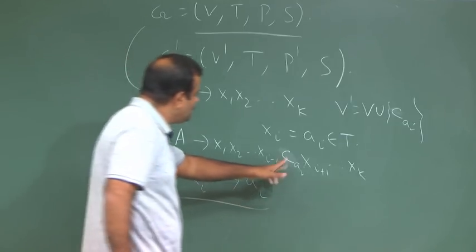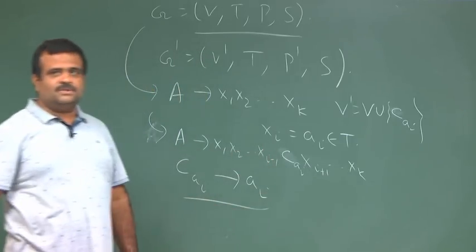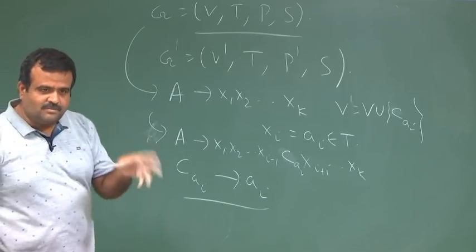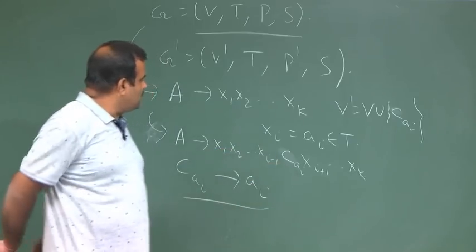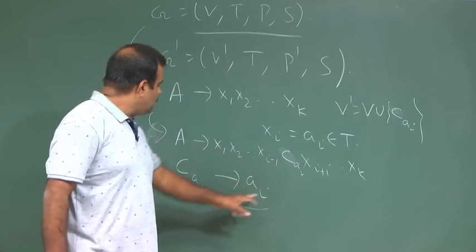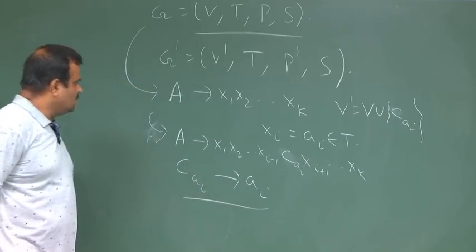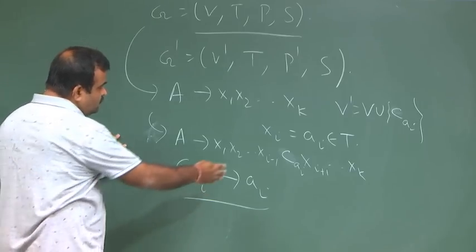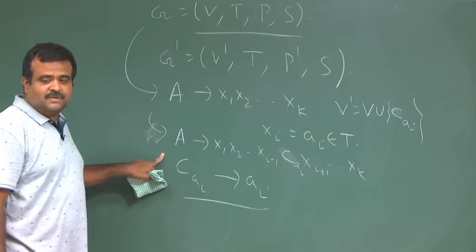In CNF we should not have a combination of terminals and variables. That is why, if there is a terminal, we have to replace it by a variable, and that variable will go to that particular terminal. If we have more such terminals, then we do this replacement for each of them.